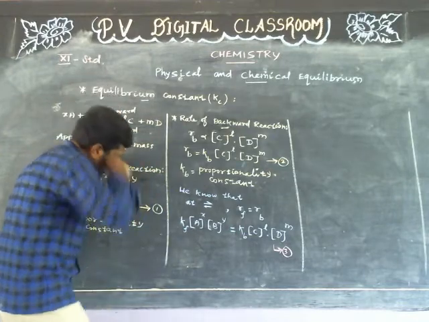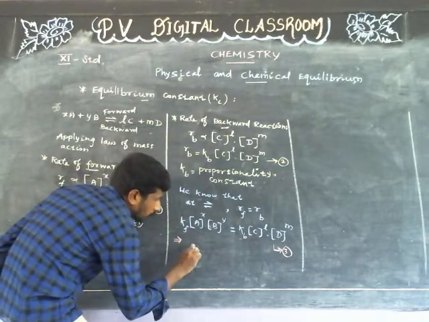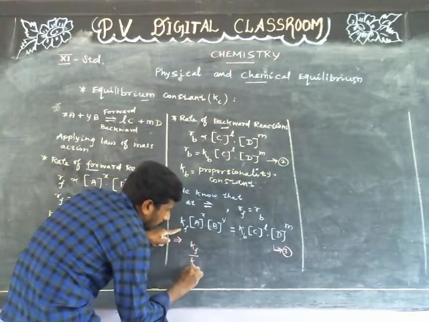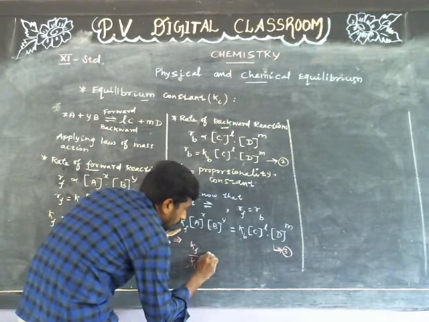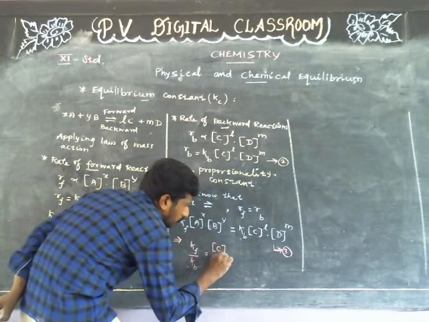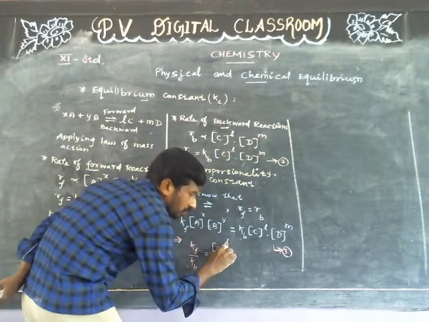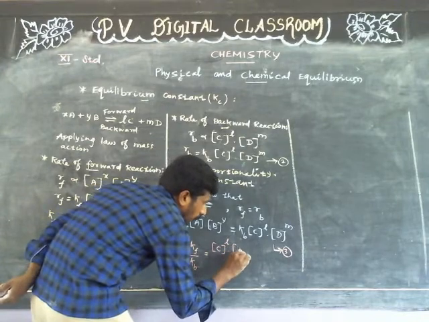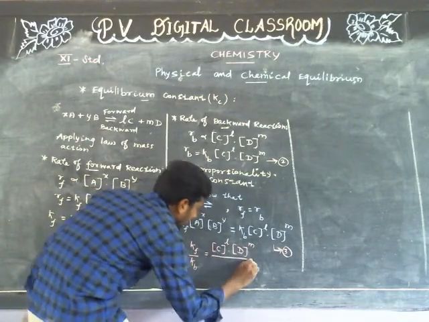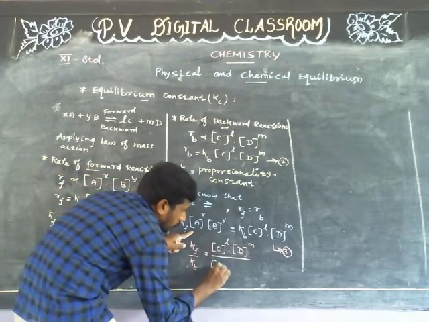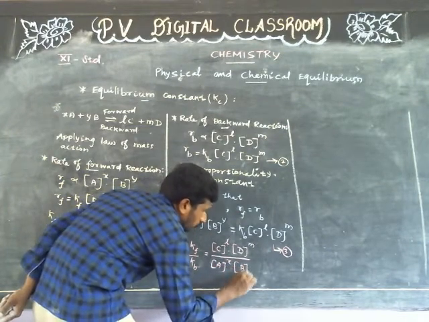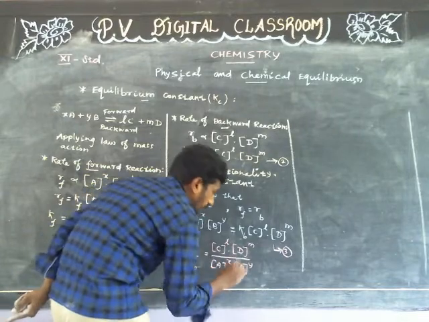Rearrange this equation: Kf divided by Kb is equal to active mass of C with stoichiometric coefficient L into active mass of D with stoichiometric coefficient M divided by active mass of A with stoichiometric coefficient X into active mass of B with stoichiometric coefficient Y.